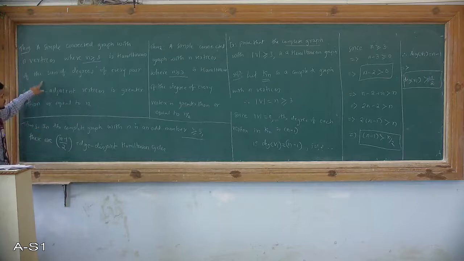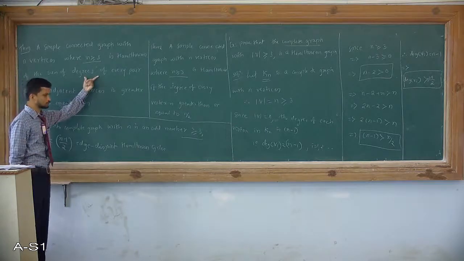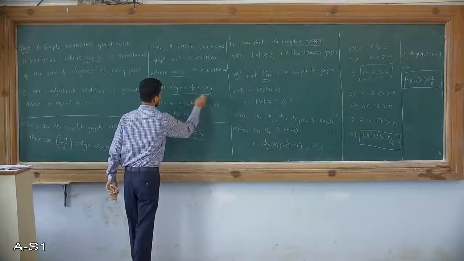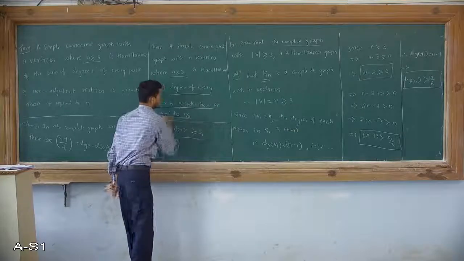Here they never talk about the degree of each vertex, because they only talk about the degree of every pair of vertices. Here the degree of every vertex is greater than or equal to n by 2.